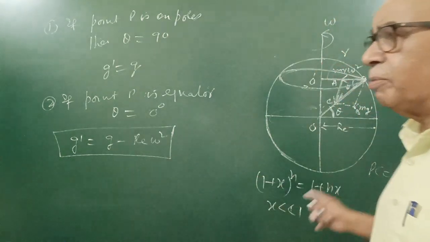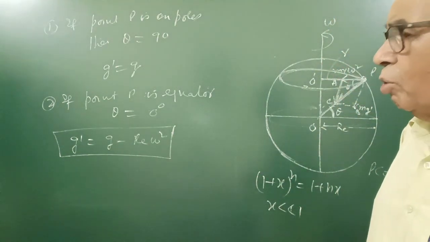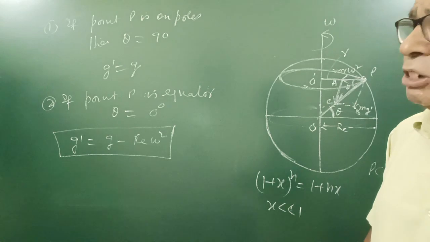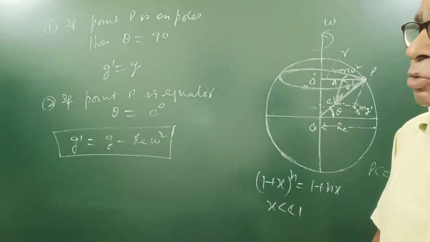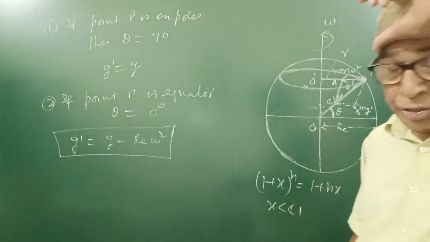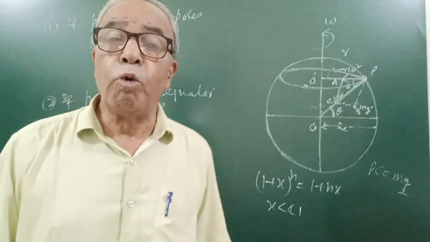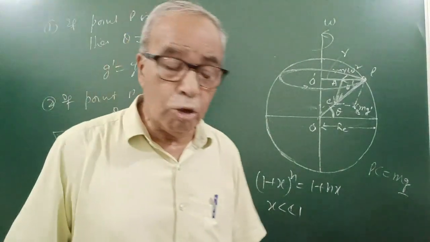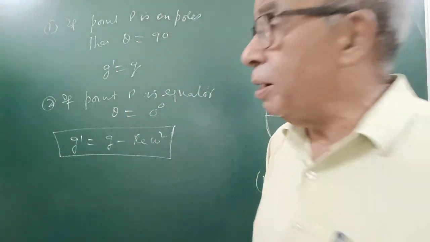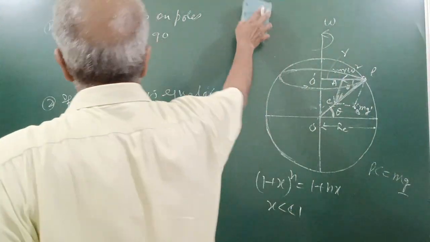R is maximum at the equator, so the value of g again is least at the equator. So both the factors, the shape of earth and rotational motion of earth, prove that the value of g is minimum at the equator and maximum at the poles.